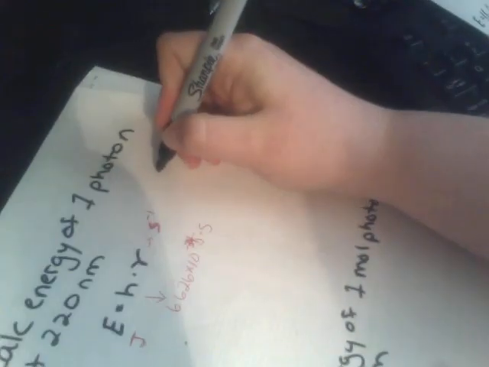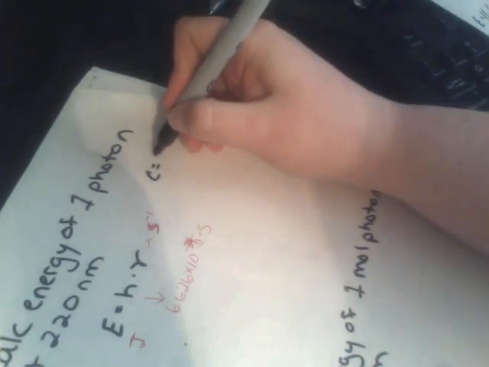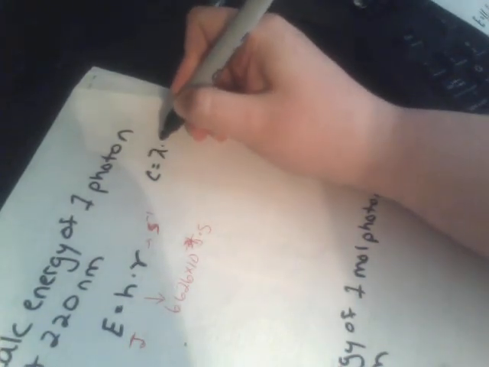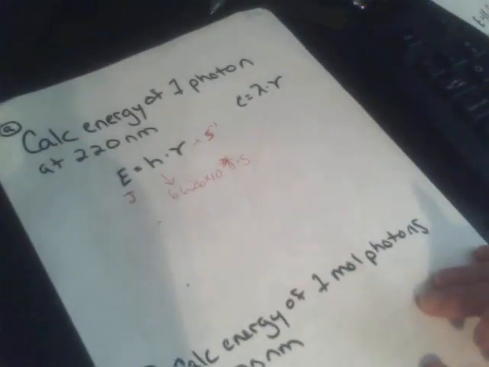So we hearken back to our other equation that says c, the speed of light, is equal to wavelength times frequency. So if I know the wavelength, which I do, and I know c, which is a constant, I can solve for frequency.